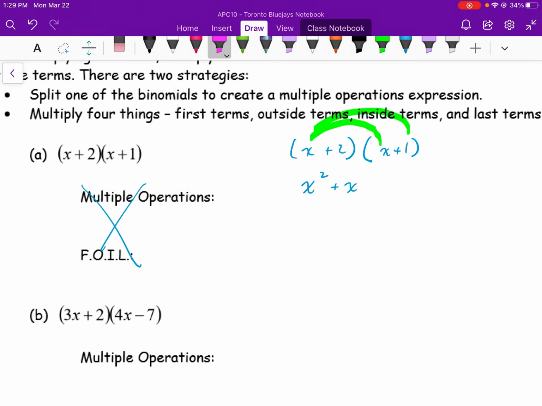Now, what we can do is we can take 2. This is my second term of my first polynomial. It needs to kiss every term of the other polynomial. So 2 times x is 2x. 2 times 1 is 2. So then we collect like terms, and this ends up being x squared plus 3x plus 2. Well, fair enough. There it is.